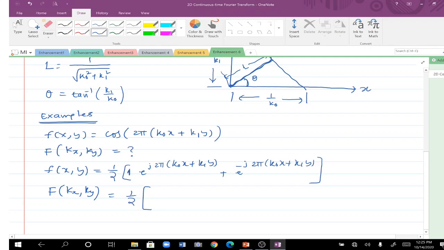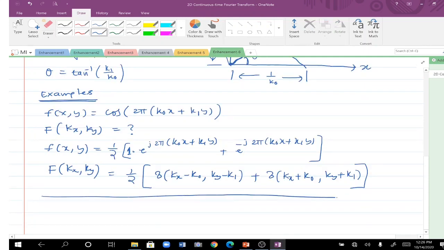Anyway, this is equivalent to multiplying it with 1. For 1 it is delta of kx comma ky, that getting multiplied by this complex exponential would give you an impulse function at kx minus k naught and ky minus k1, isn't it? Plus here again, this is equivalent to kx plus k naught comma ky plus k1.